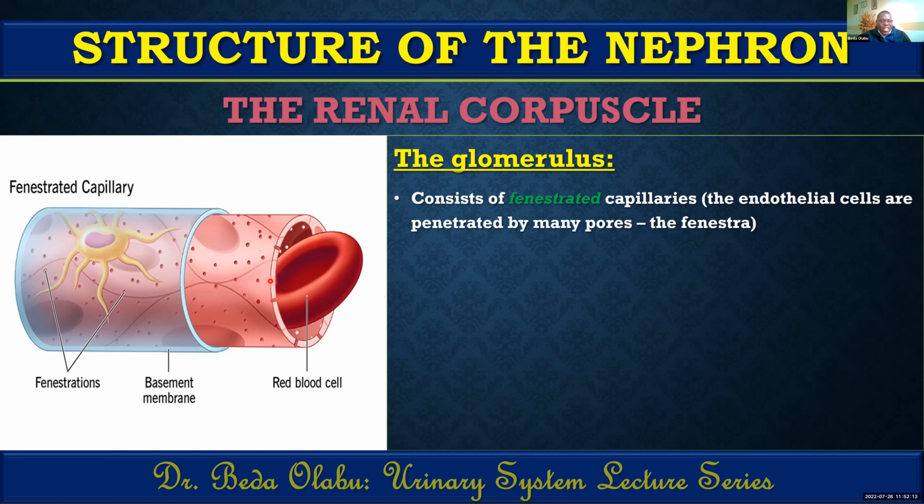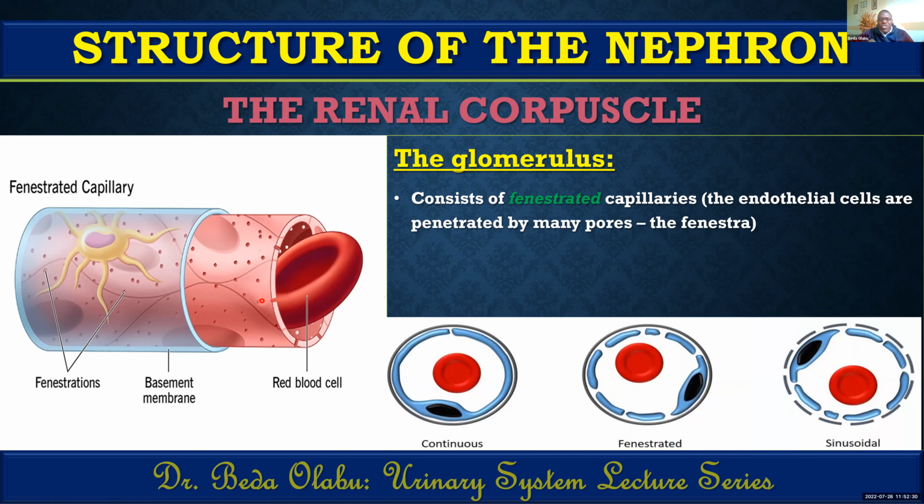Also, we have a layer of endothelial cells which are attached to one another. However, we have holes through the endothelial cells. These holes are the ones we call fenestra, and such a capillary is termed a fenestrated capillary. Maybe just to help you understand the histological types of capillaries.